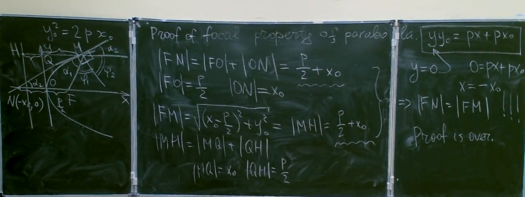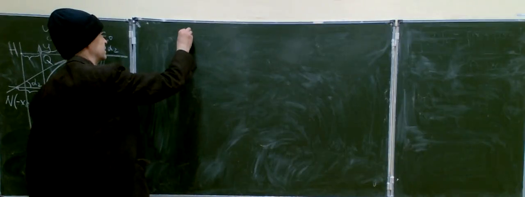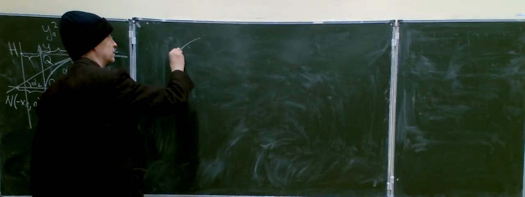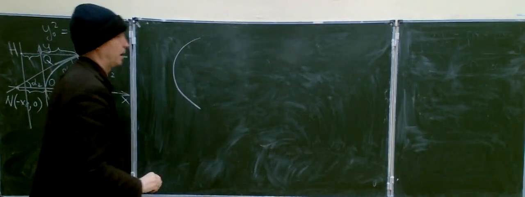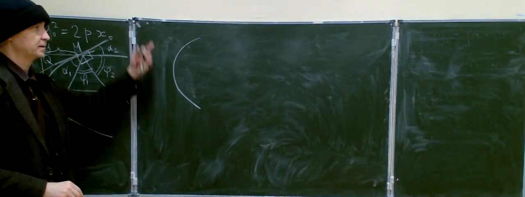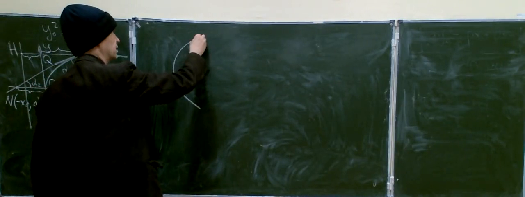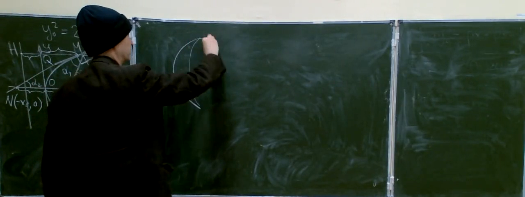We have completed the topic about parabola, and finally I want to describe to you the practical application of this focal property of parabola. If you take some part of parabola and rotate it about its axis, you get something like a parabolic surface.